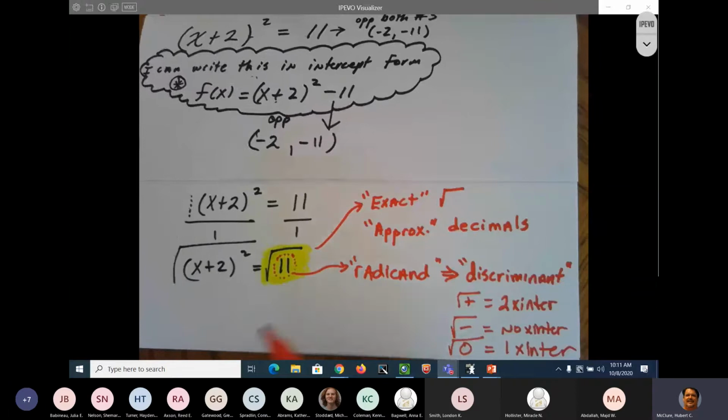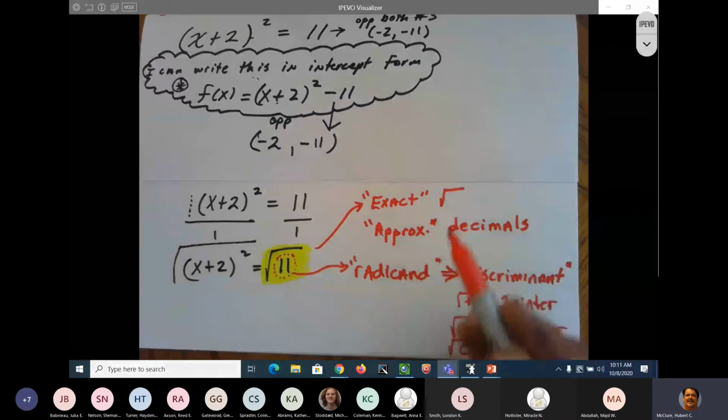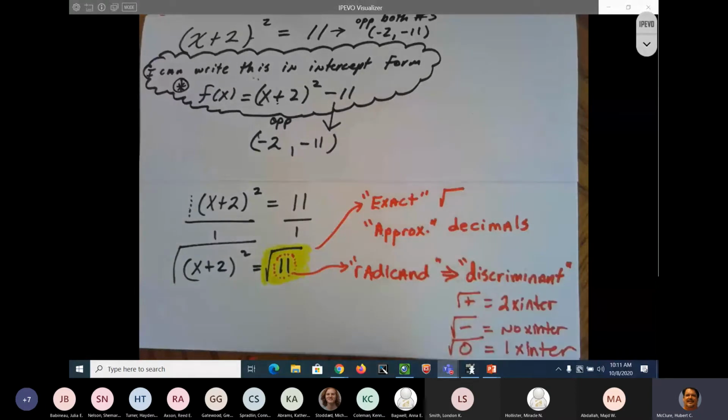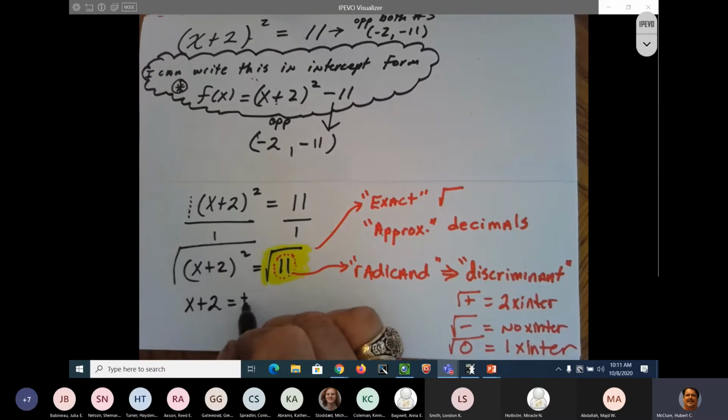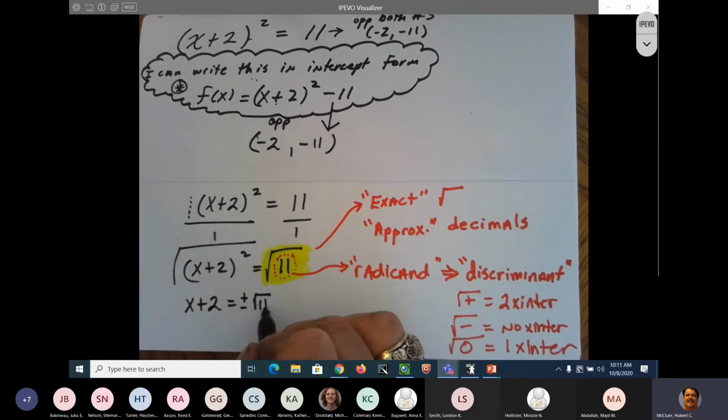Now, I'm going to write it in terms of a radical, and then I'm going to write it in terms of decimals because I'm going to sketch the graph, and I don't need radicals, I need decimals. So here we go. That's going to be x plus 2 is equal to positive or negative square root of 11. Is that positive and negative important?